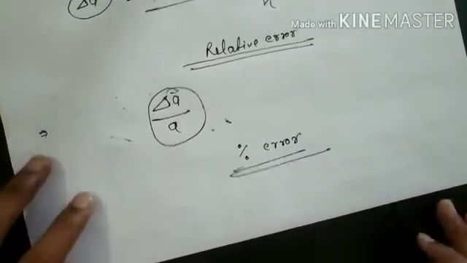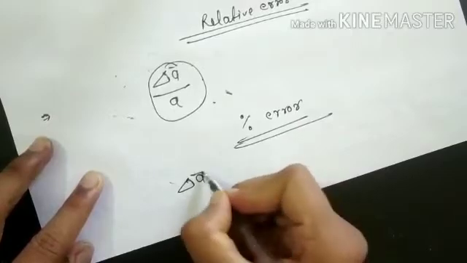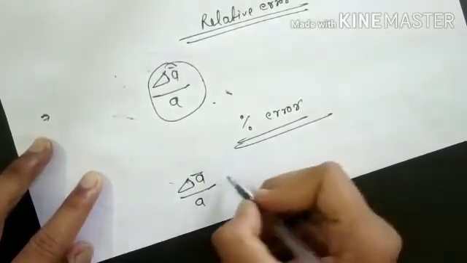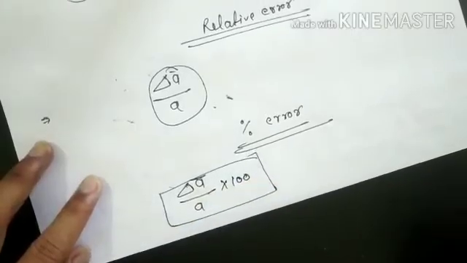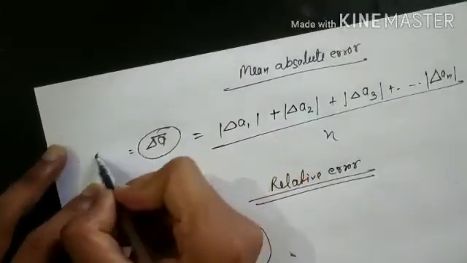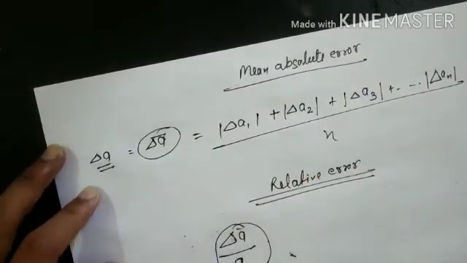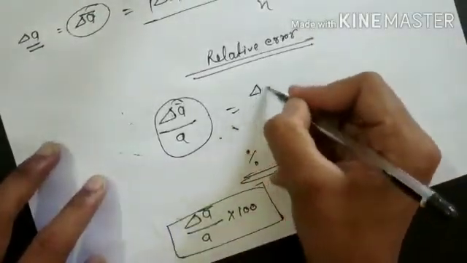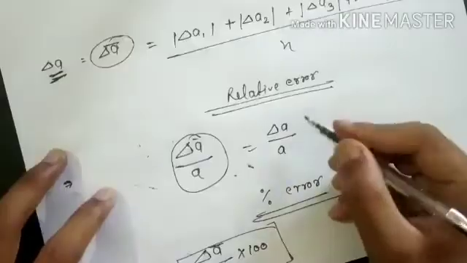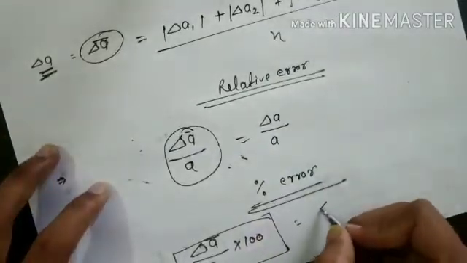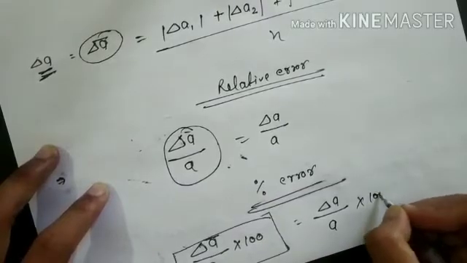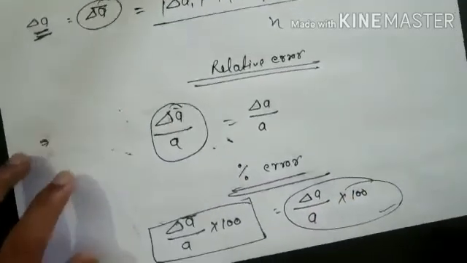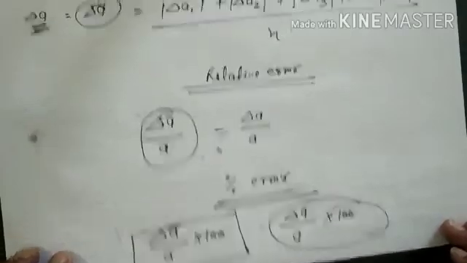If you multiply the relative error by 100, then you will get the percentage error. Sometimes this delta A bar is also represented by delta A. So here you can use delta A over A, and you can also write delta A by A into 100. This is another representation of percentage error.